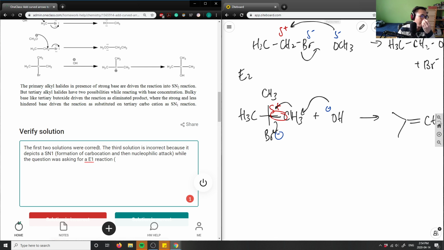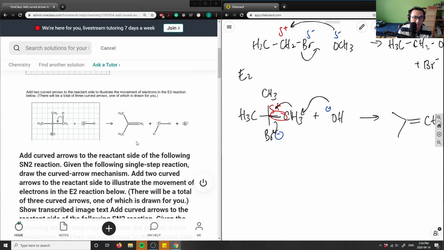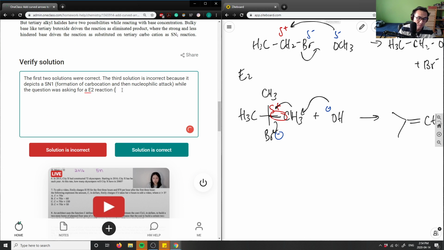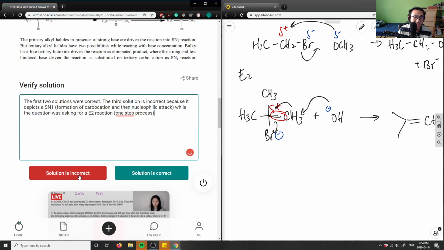So again, elimination E1, if I were to draw out the mechanism, or sorry, this was the E2, right? This is E2, not E1, my bad, for an E2 reaction. So one step process here. So the third one here is wrong.